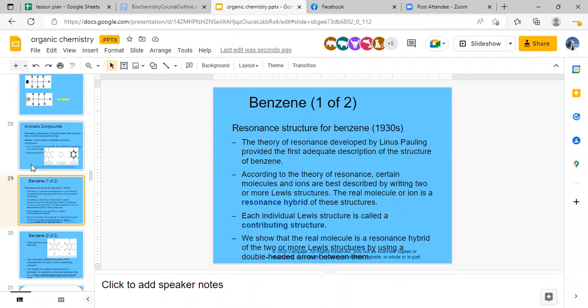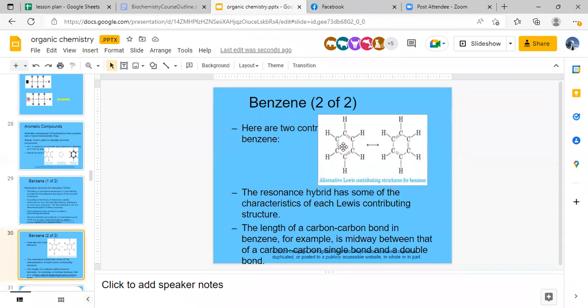Okay, so the story behind the benzene structure, this one, this is actually proposed by Kekule. So the story is while thinking of the possible structure of C6H6, he thought of the carbons as people.